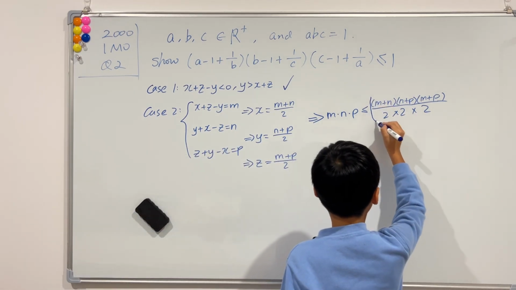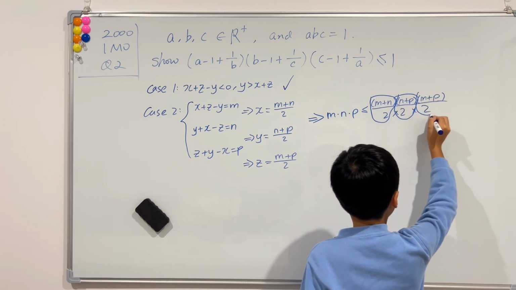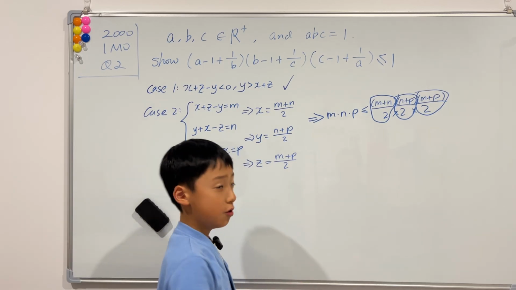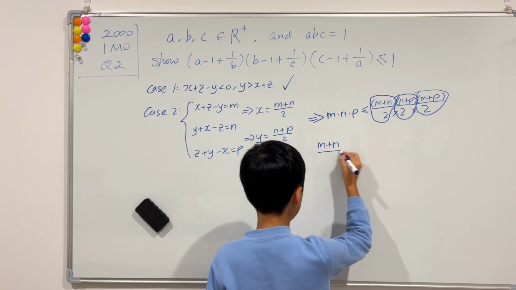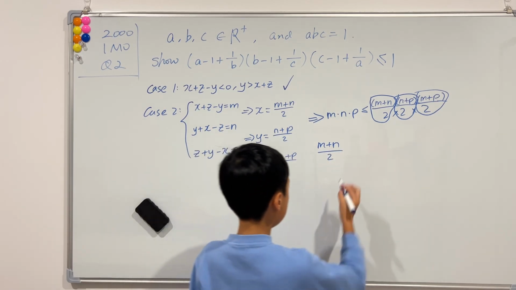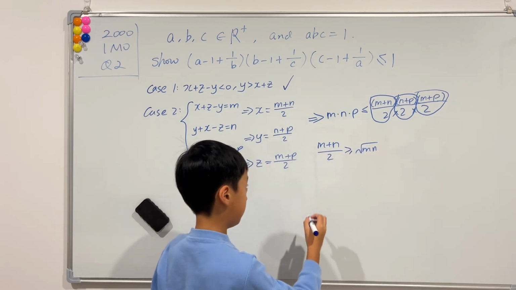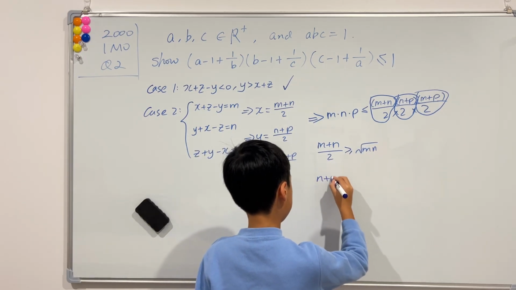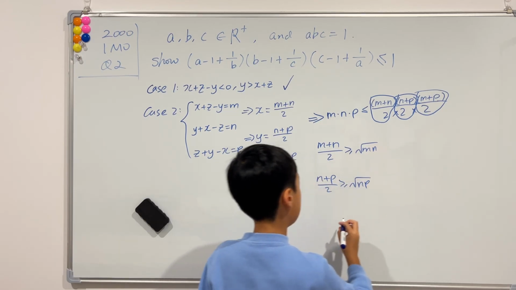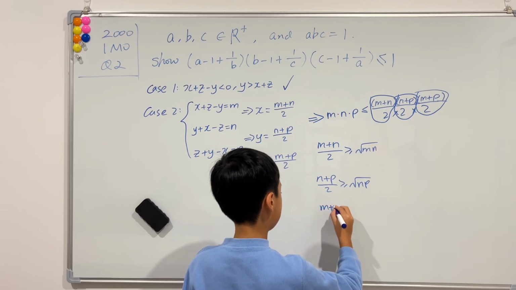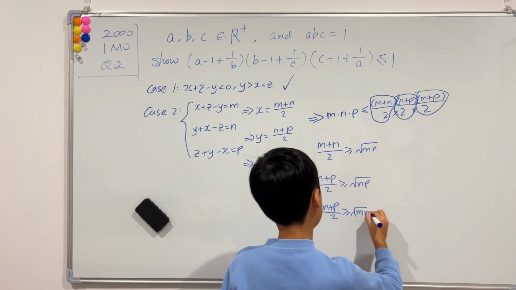So I'm going to split it up like this. 1 fraction, 2 fraction, 3 fraction. So first dealing with the first fraction, (m plus n) over 2. Using the AM-GM formula, this is greater than or equal to the square root of mn. Similarly for the others, (n plus p) over 2 greater than or equal to the square root of np, and (m plus p) over 2 greater than or equal to the square root of mp.